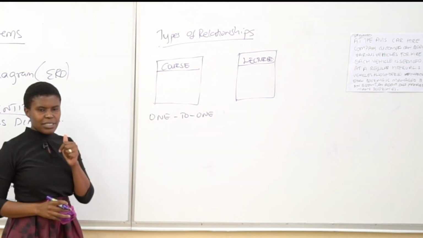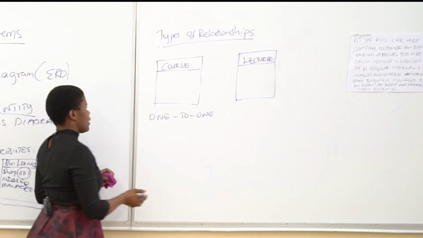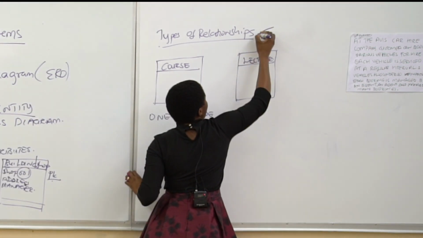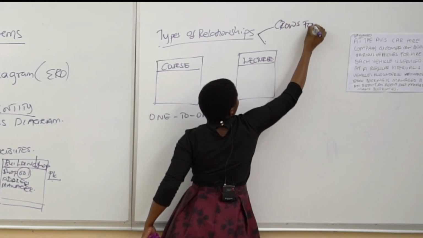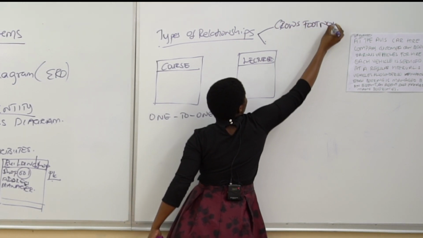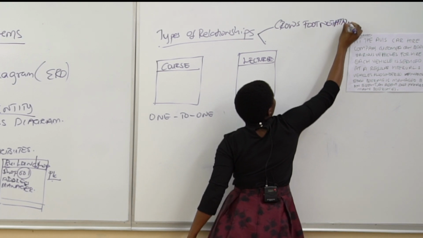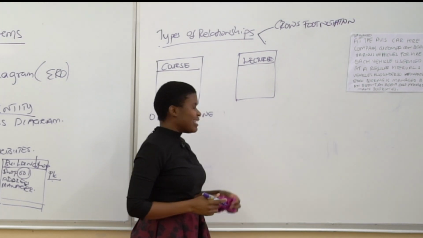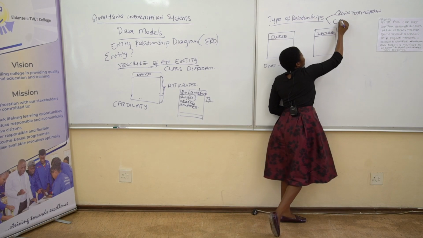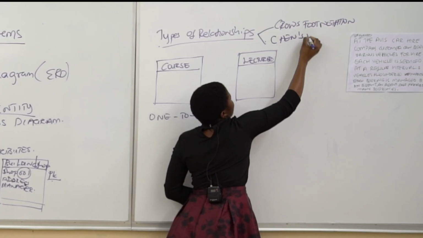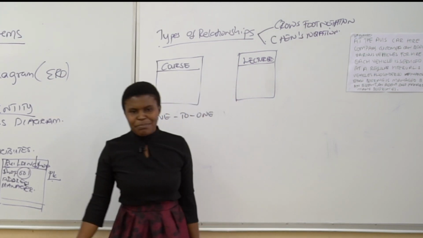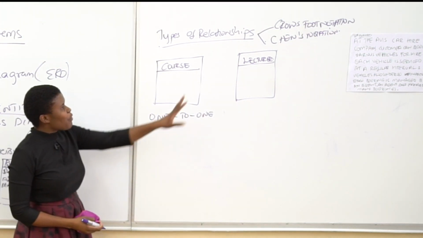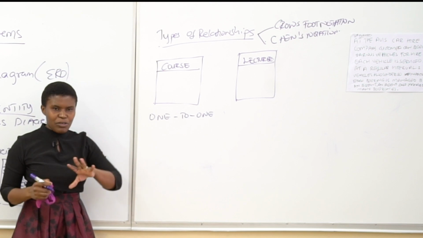We are going to represent it in two ways. We have what we call the crow's foot notation, and of course the Chen notation. The reason it's called Chen notation is because it was discovered by a Chinese man. Crow's foot notation, a crow is a bird.